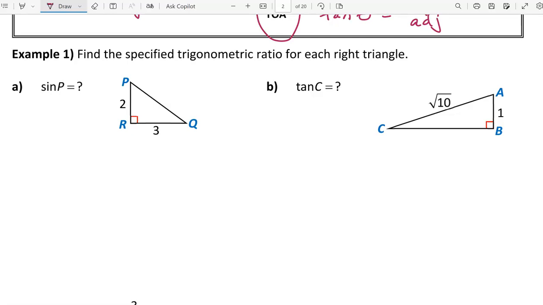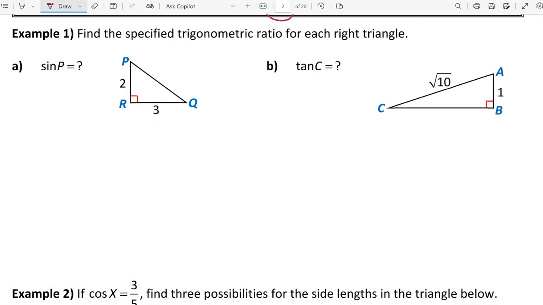All right, so if we want to find a trigonometric relationship for each of these right triangles, we're going to be looking at sine of angle P. When we're dealing with sine, we need the length of the opposite side, and we also need the length of the hypotenuse. Now, in a right triangle, usually we give the letter C to the hypotenuse.